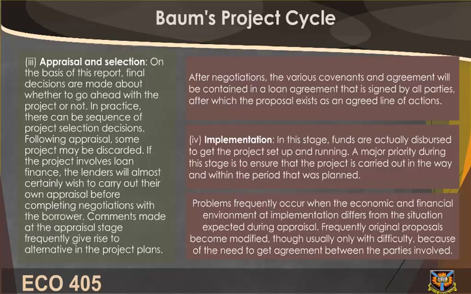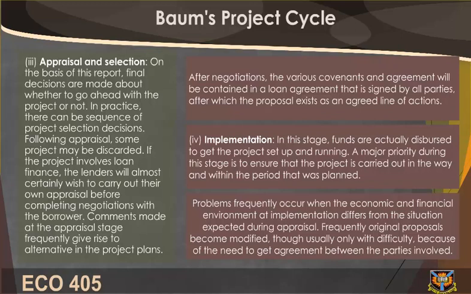Comments made at the appraisal stage frequently give rise to alternatives in the project plans. After negotiations, the various covenants and agreements will be contained in a loan agreement that is signed by all parties, after which the proposal exists as an agreed line of action.